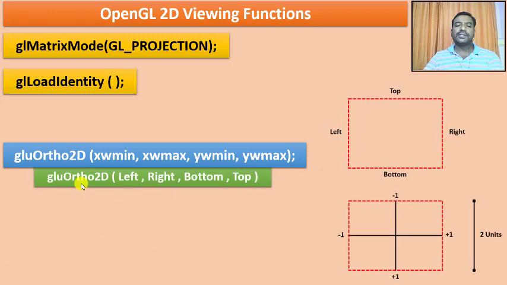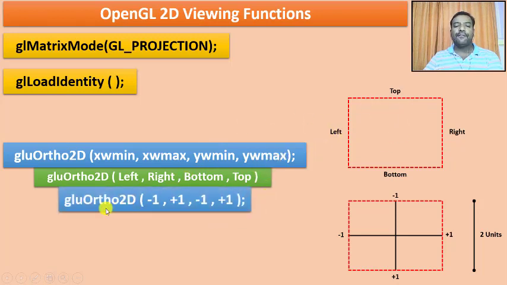Now, for example, with gluOrtho2D, if you have any confusion, you can say it as left of the clipping window, right of the clipping window, the bottom and the top. The first parameter is left, the second parameter is right, then the bottom and the top. I can name it in this way. And if I call gluOrtho2D as -1, +1, -1, +1, this is what the coordinate system will look like right now.